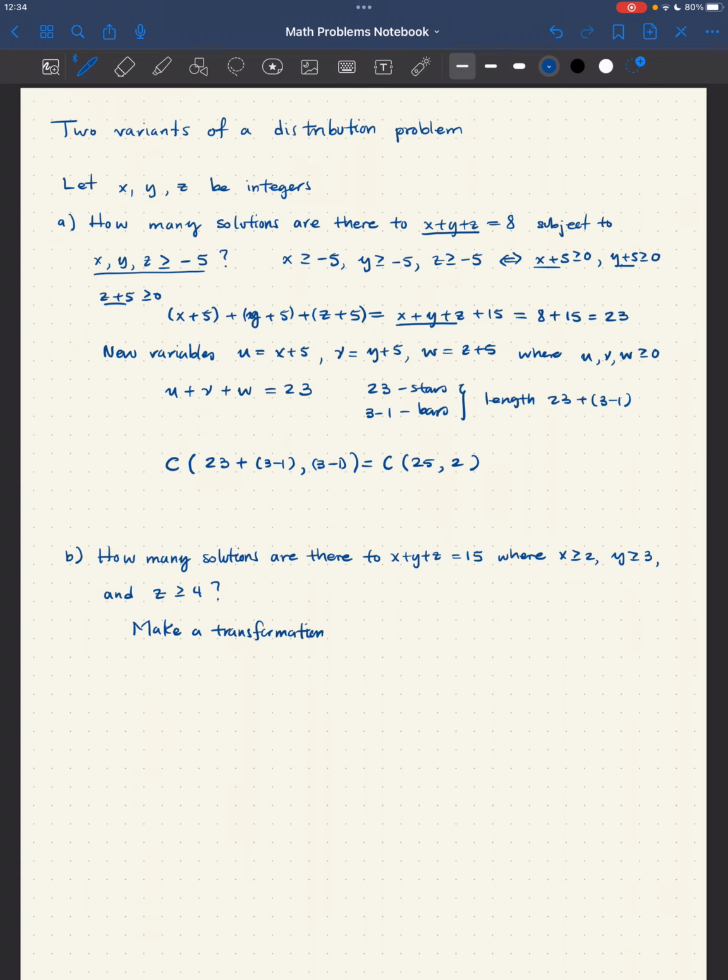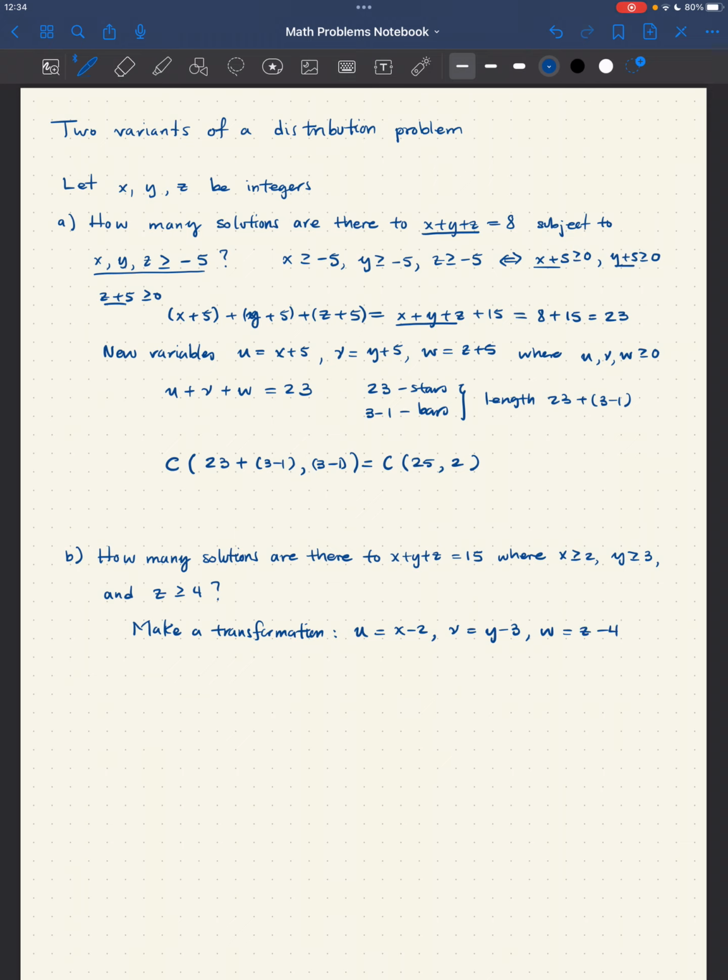What would be that transformation? Well, I'm going to set u to be x minus 2, v to be y minus 3, and w to be z minus 4.